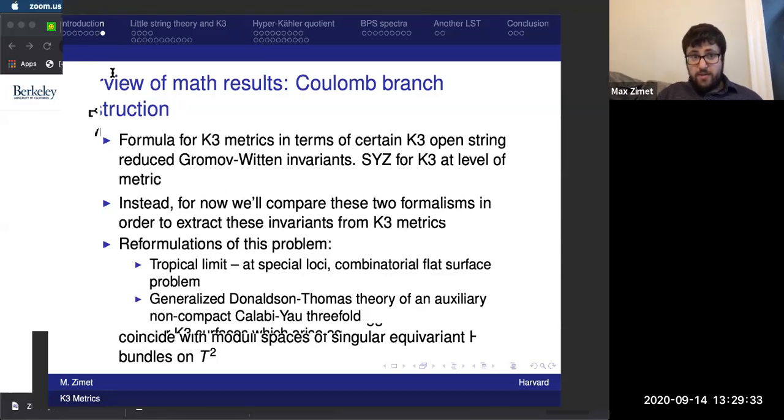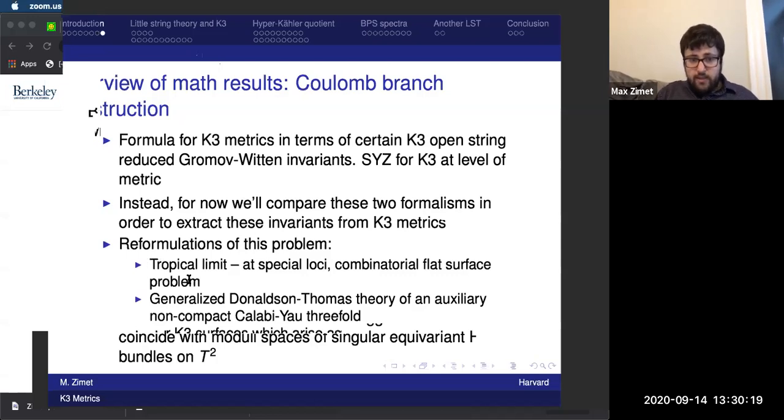There's this amusing idea where you can use the Higgs branch approach to write down K3 metrics, then relate them to the formulas from the Coulomb branch approach to extract these open string Gromov-Witten invariants, and then those in turn specify a second construction of K3 metrics whose regime of validity overlaps with the Higgs branch approach, but is different. The regimes in which the two approaches are perturbatively useful are different. And then via string dualities, we can reformulate this open string Gromov-Witten problem in a couple of different ways.